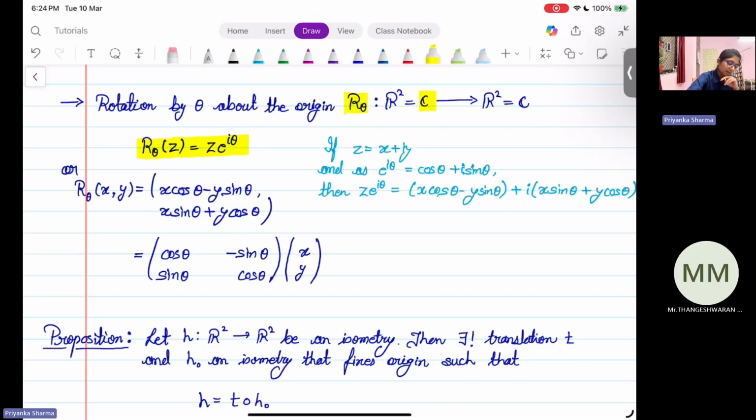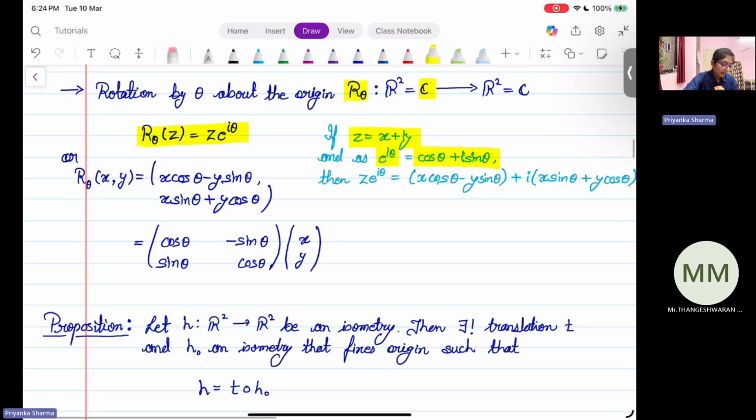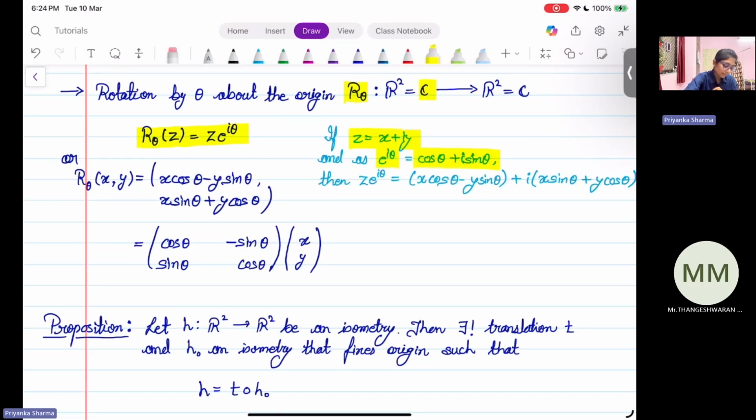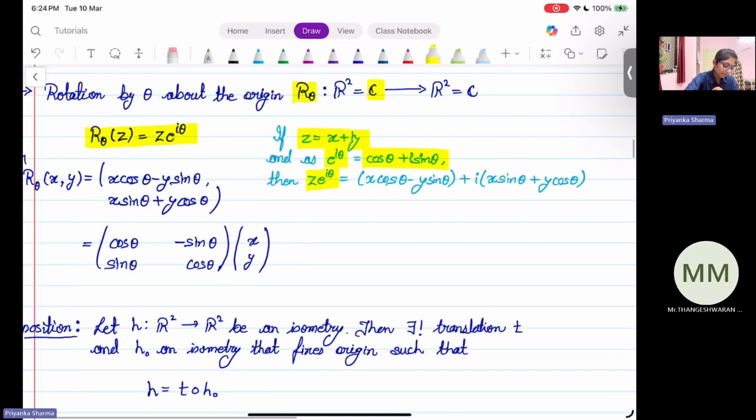Why? Because every point z in the complex plane C can be written as x plus iy, and e to the power i theta can be written as cos theta plus i sin theta. And whenever we multiply z by e to the power i theta, this will be x cos theta minus y sin theta plus i times x sin theta plus y cos theta.